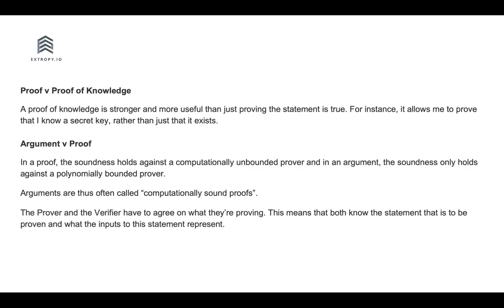It's slightly stronger than a proof or an argument, in that we don't just know that the statement is true, we also know the secret behind this. So some secret inputs to our proof as well.